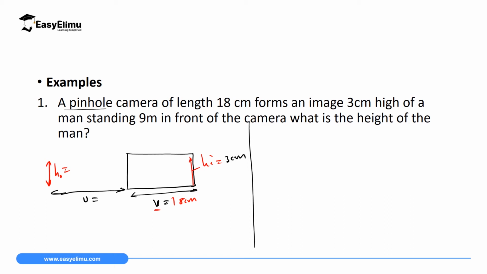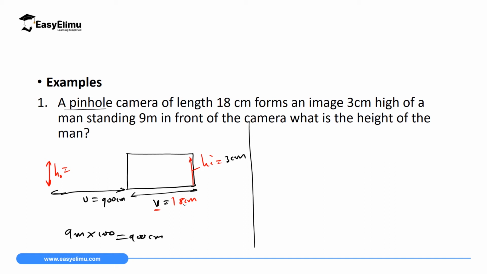Then a man standing a distance in front of the camera, in this case it's U, 9 meter. But the rest of these are in centimeter, so 9 meter, if we convert to centimeters, we multiply by 100, then it will be 900 centimeter. So our U here is 900 centimeter for the purpose of uniform units.